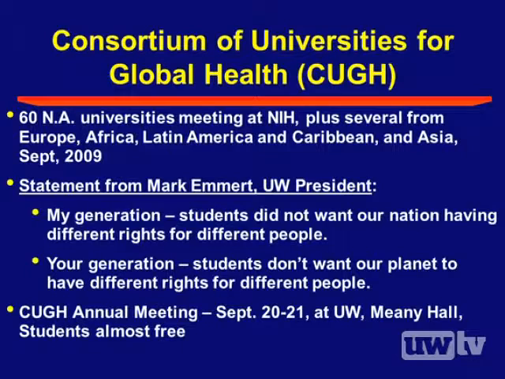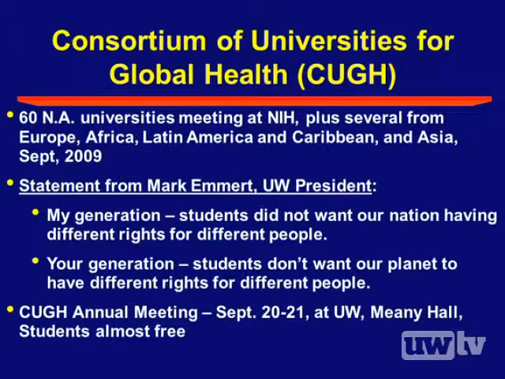We had 60 universities meeting at NIH last year. This was a statement from our own university president, Mark Emmert, which we liked. He said, in my generation, students did not want our nation having different rights for different people. But in your generation, students don't want our planet to have different rights for different people.